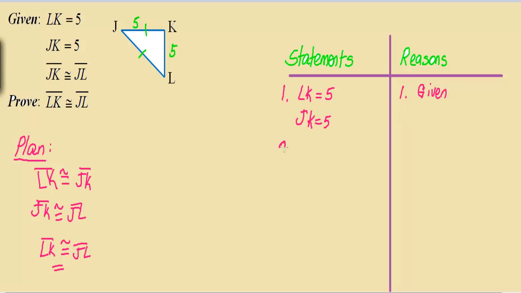I know that my second statement here is this conclusion that we said I can reach automatically, knowing that these segments have the same measure. Automatically I can say that segment LK is congruent to segment JK, and we mentioned the definition of congruent segments as my reason.